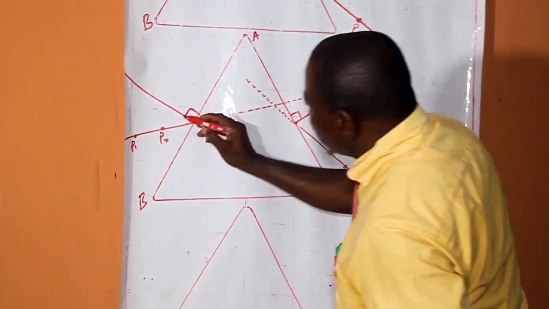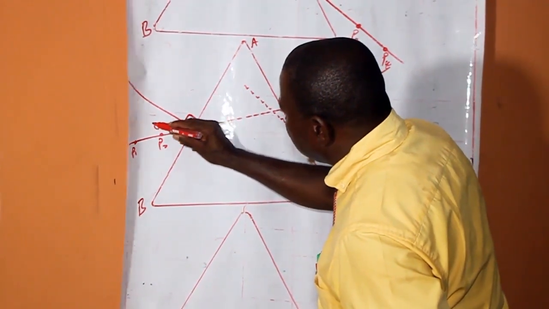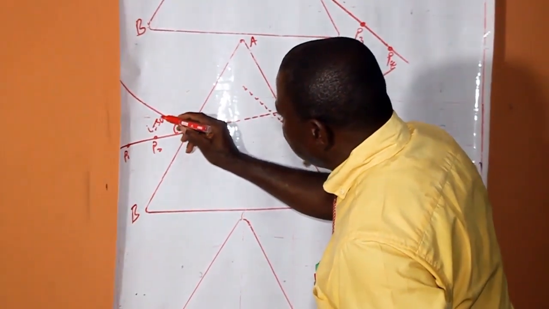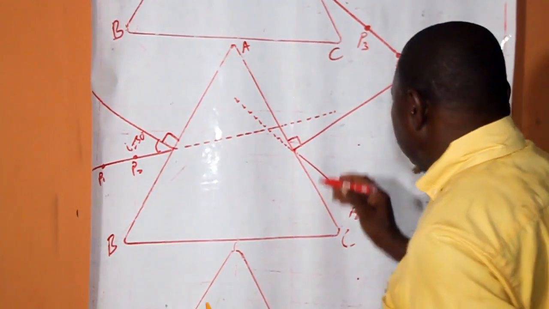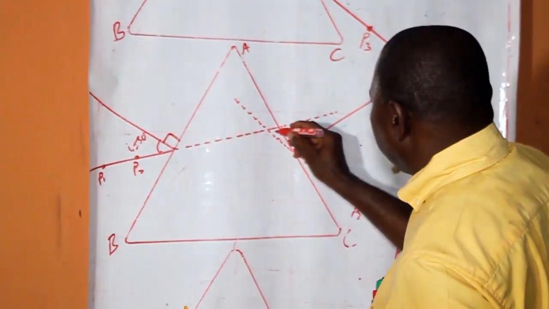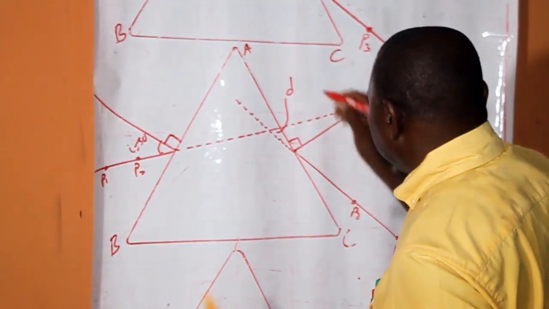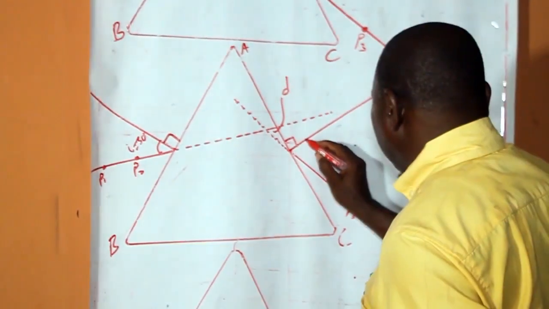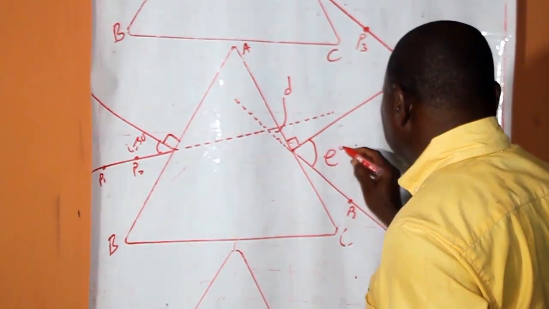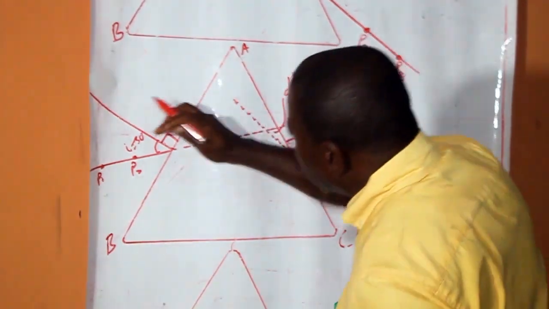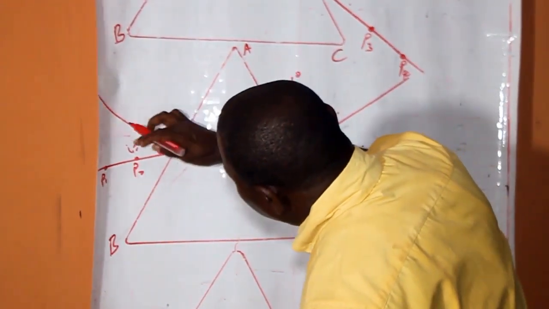Now, this is the angle of incidence, I, 30 degrees. This is the angle of deviation, D. While this one will be the angle of emergence, E. This is 30.